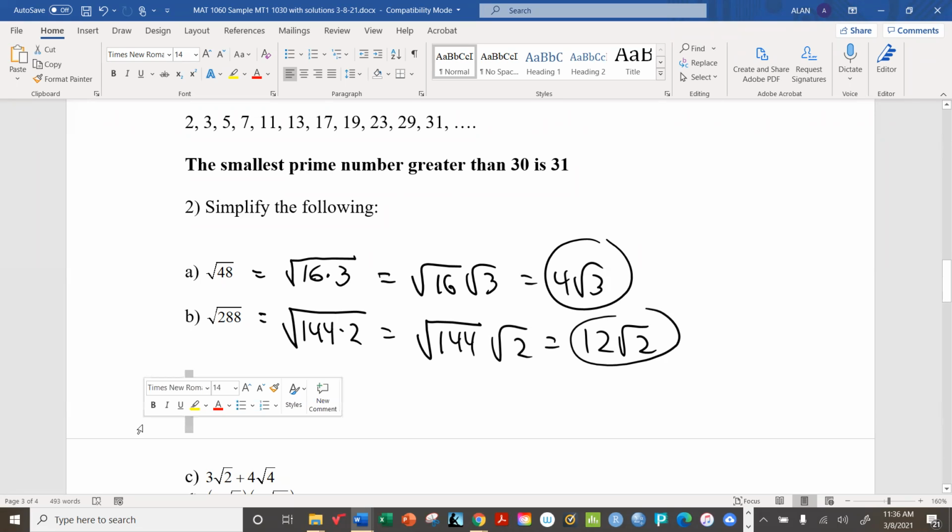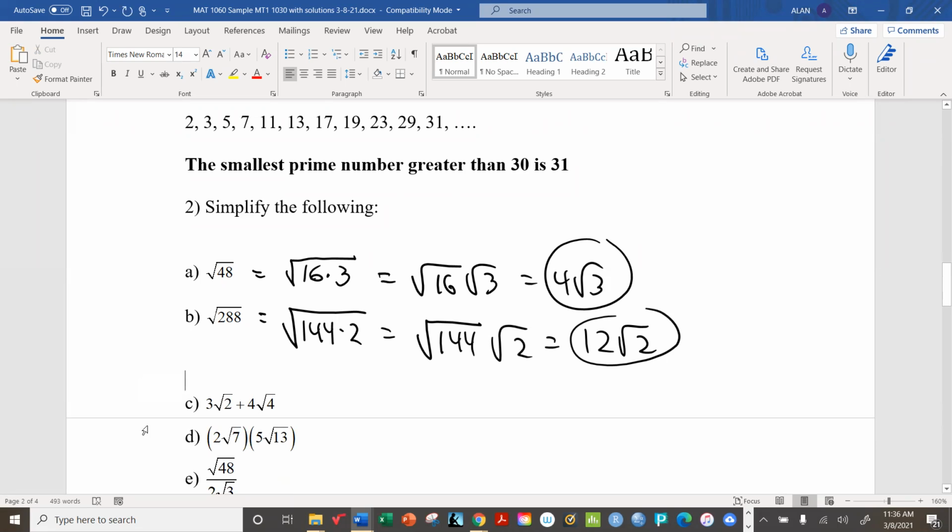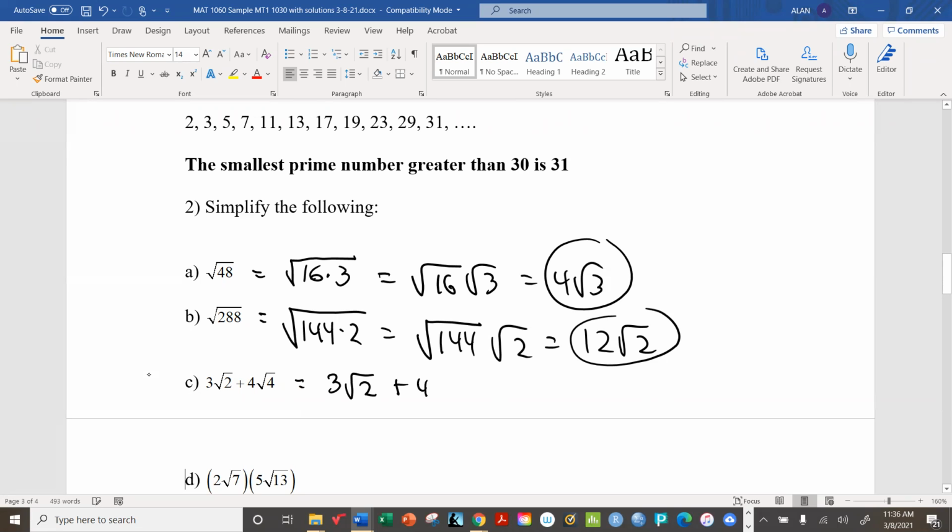All right, now let's try this one. Now you remember that we're not allowed to combine radicals if they do not have the same number under the square root sign, but this one can still be simplified a little because 4 is of course a perfect square. So you have 3 radical 2 plus 8, or now mathematicians in a case like this would prefer that you write the radical second.